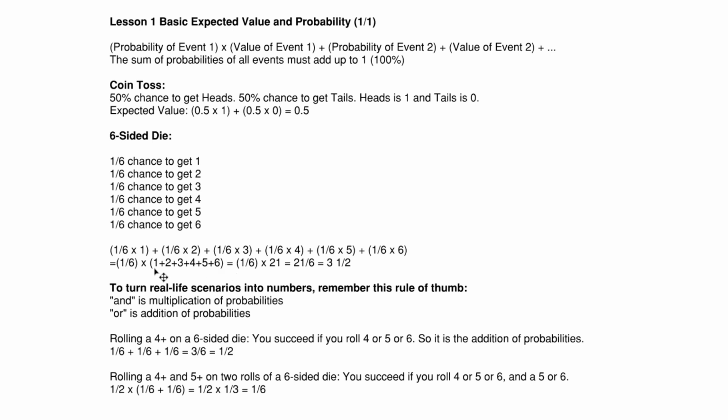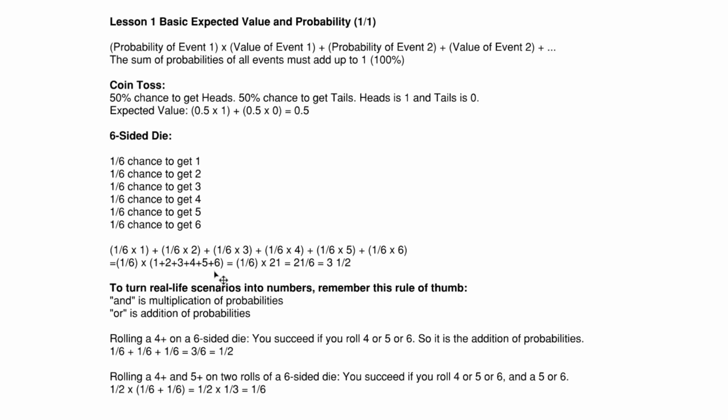You have 3 pairs of 7. And how you get that is 1 plus 6 is 7, 2 plus 5 is 7, 3 plus 4 is 7. So since you have 3 pairs of that, you do 3 times 7 and you get 21. It's a lot faster than just trying to add it up. 1 plus 2 is 3, 3 plus 3 is 6, 6 plus 4 is 10.